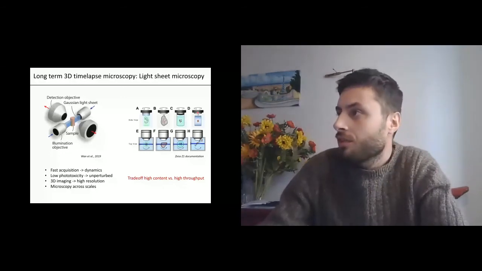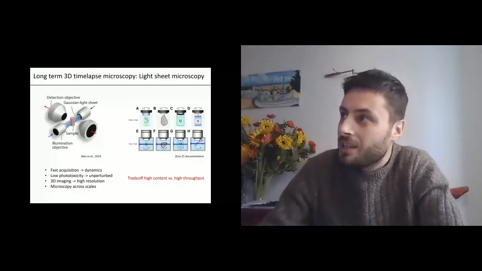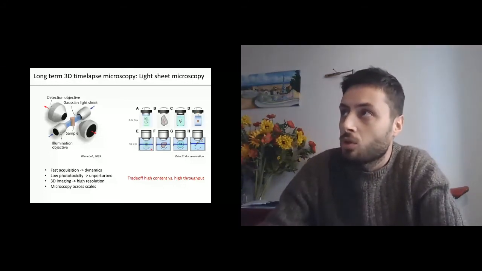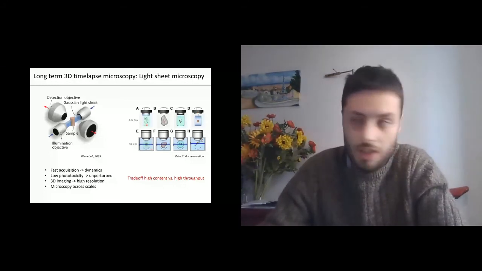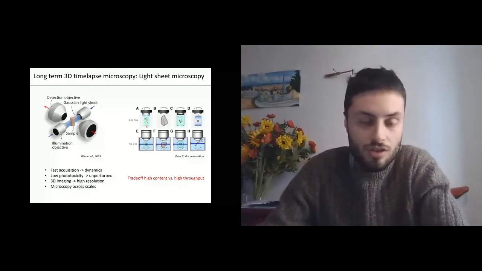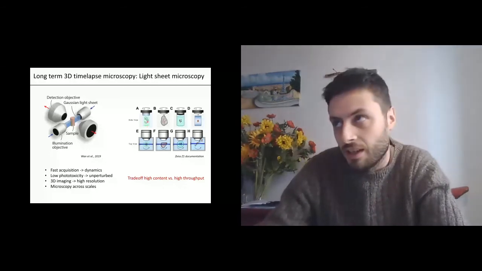All this configuration makes it a little bit more difficult for light sheet to go towards the high throughput direction, because of course you cannot accommodate as many samples inside an agarose tube as you would in a 96 well plate.